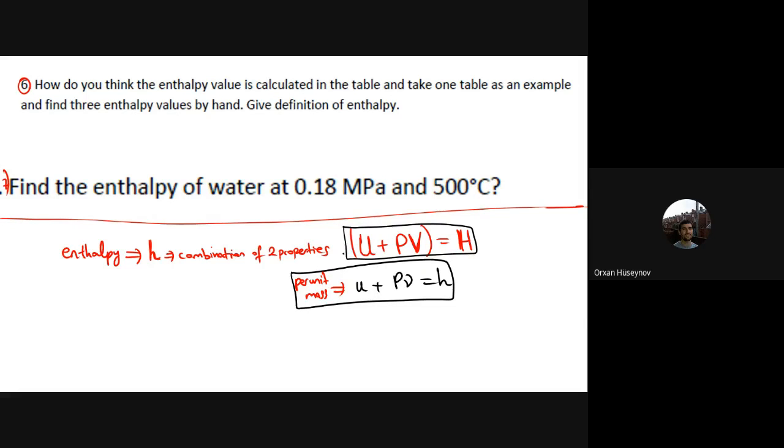So now let's talk about what enthalpy is, and then we will do the examples. This one is mostly used for flowing systems, open systems, let me say.